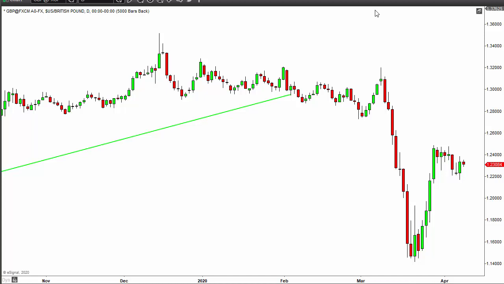But I just want to put it out there. There is no holy grail of indicators. The holy grail of indicators is you. You are that indicator. If you take whatever technical indicators you want, how you apply those is what makes the difference.